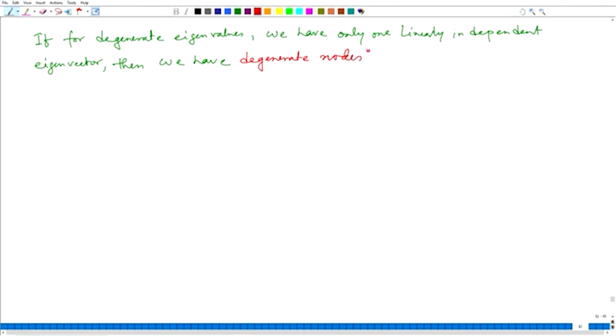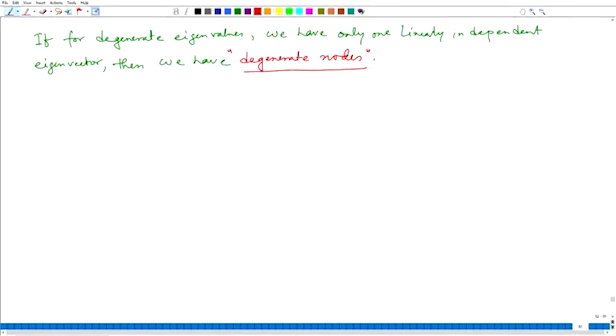I will not discuss this. This is just a vocabulary I introduce here. If you are interested, you can go through some internet resources or Strogatz's book. So, yeah, this system is a little bit tricky, but you still have fixed points which are called degenerate nodes.